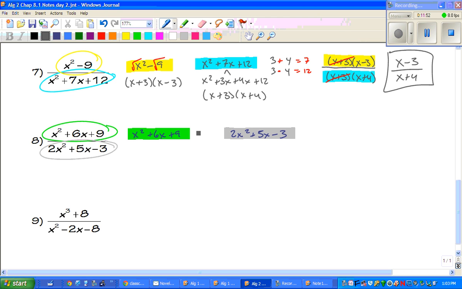Okay, so you're looking for numbers that add up to get to 6 and multiply to get to 9. And over here, add up to get to 5 and multiply to get to negative 6. Okay?